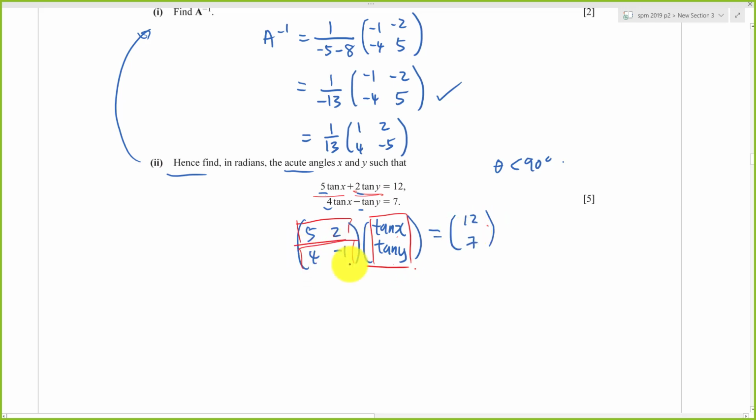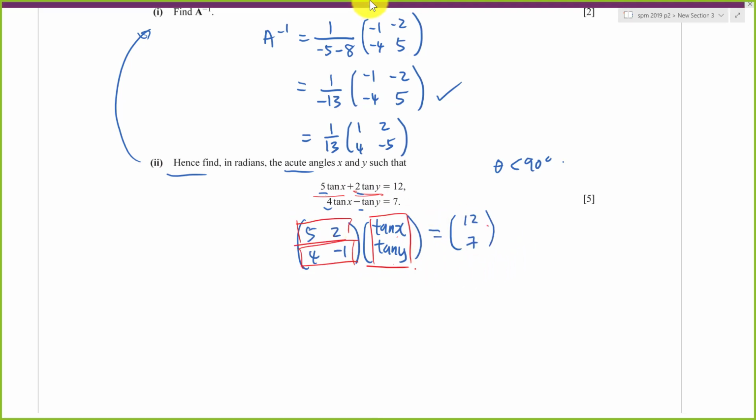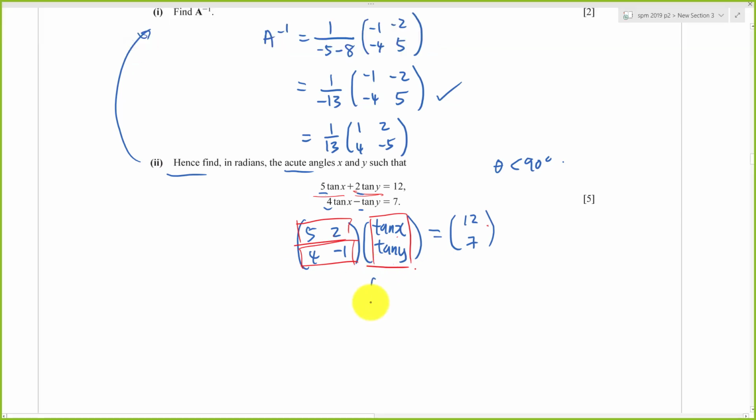For the bottom row, 4 multiply tangent x gives 4 tangent x, negative 1 multiply tangent y gives negative tangent y, equals to 7. So this matrix actually makes sense. Therefore, for tangent x and tangent y, I'm going to move this matrix to the other side, so it will become the inverse matrix. And we already have the inverse matrix, which is this one.